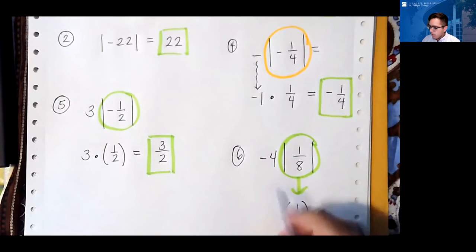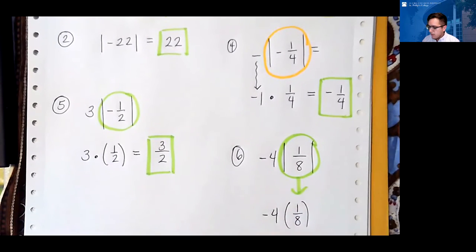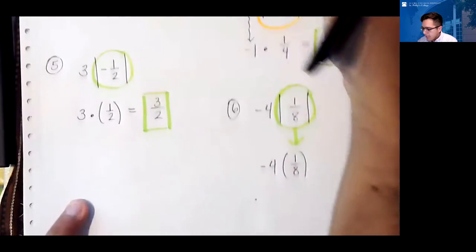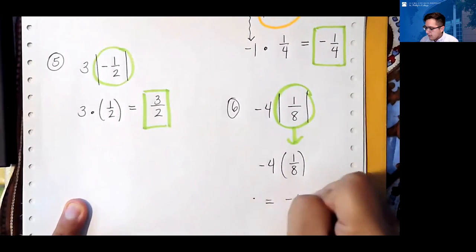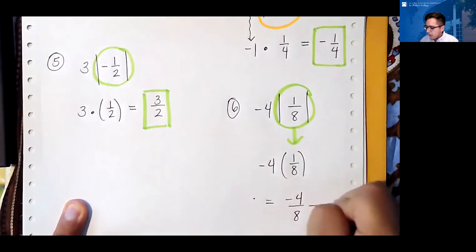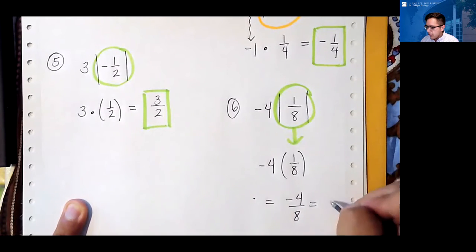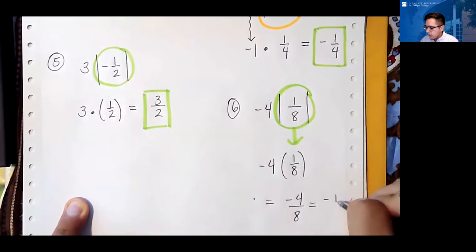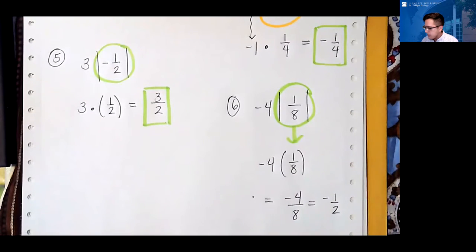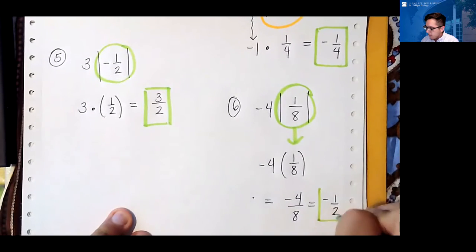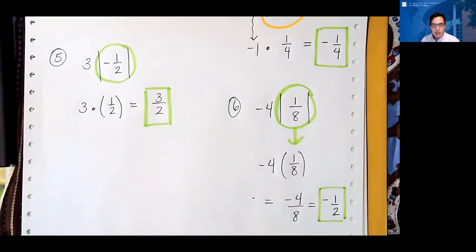But then I need to multiply that by the -4 out here. So I should be getting -4/8. And then you have to remember to simplify this fraction. So we should get -1/2 as our final answer. Any questions about that?